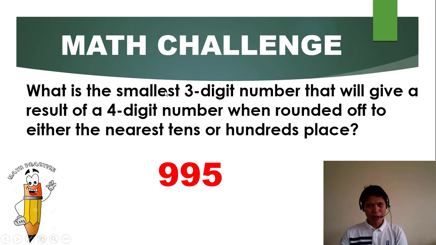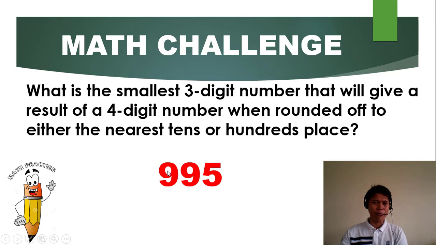We are looking for the smallest three-digit number that will give a result of a four-digit number. So we are expecting at least 1,000. There are 4 digits. Then, if we round off to either the nearest tens or hundreds, it should give 1,000. So if we round this off to the nearest tens, since it is 9, then we add 1, it becomes 10.